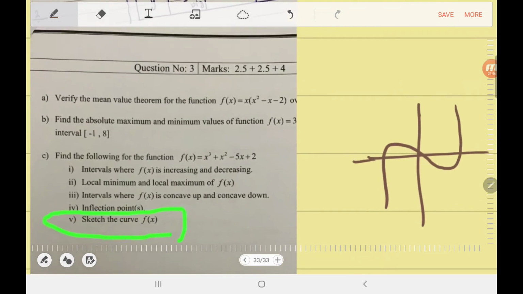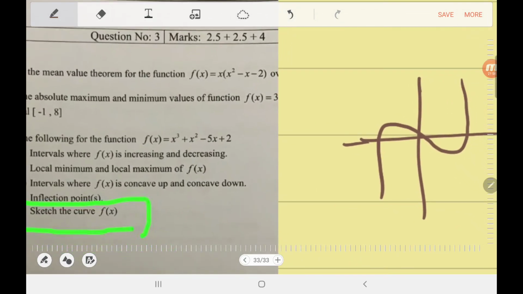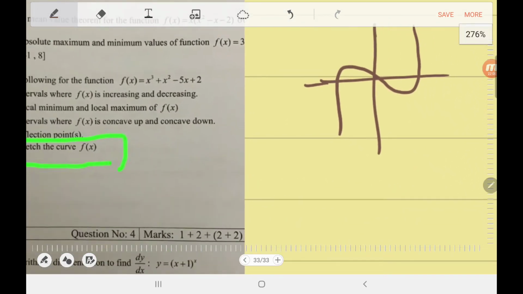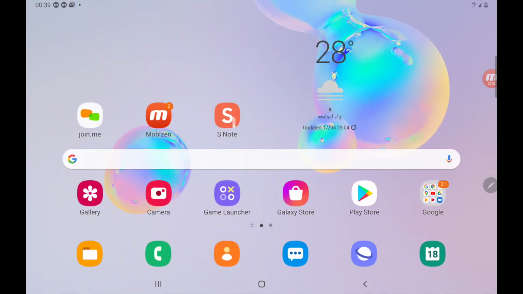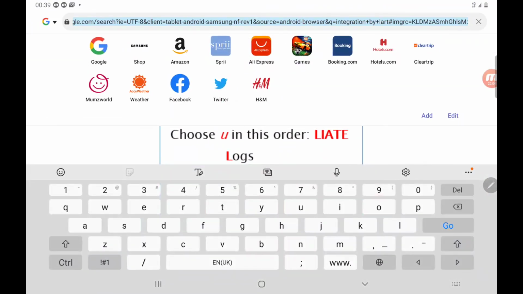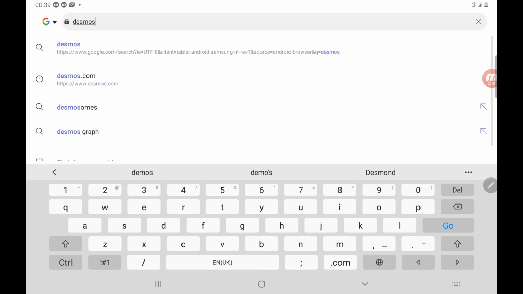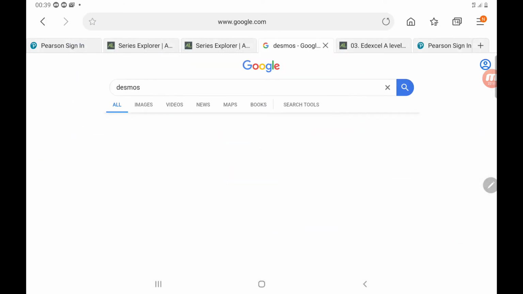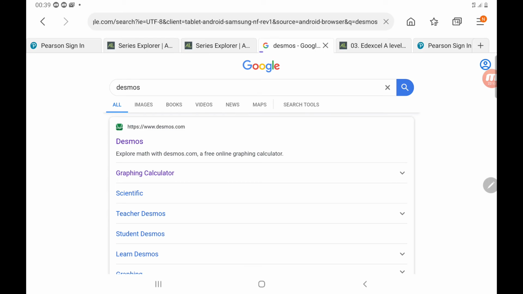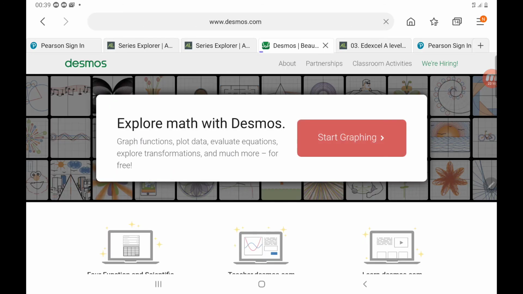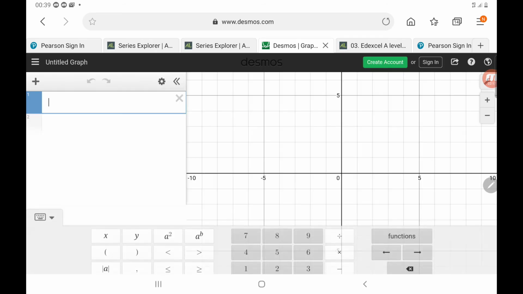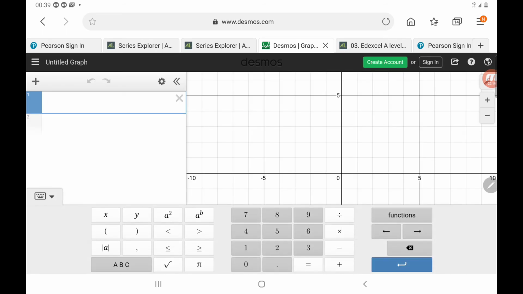But let's check: it's x cubed plus x squared minus 5x plus 2. I'm giving it to you in Desmos. You go to Desmos. This is the easiest and fastest way you can submit. It's x to the power 3.